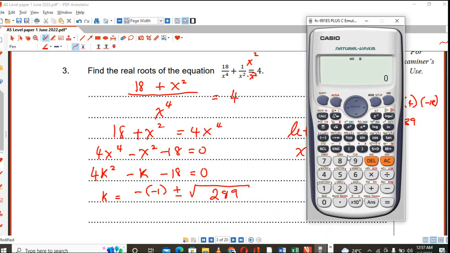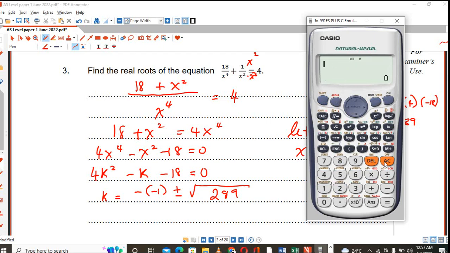Let me shift clear, I just want to reset everything. The calculator is not really doing what I needed it to do. I'll show you a little trick quickly. Maybe the mode, shift setup, choose normal, maybe 2.